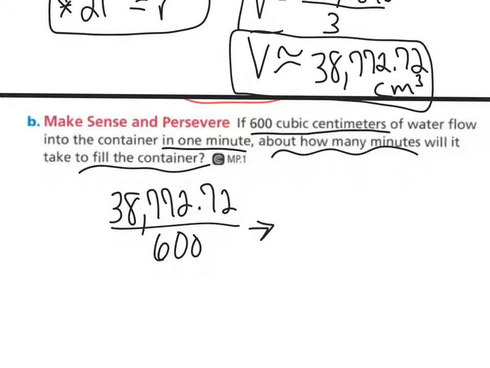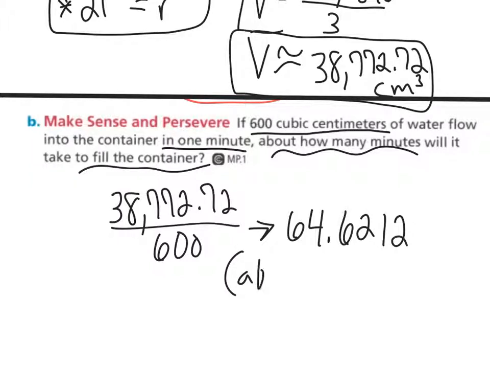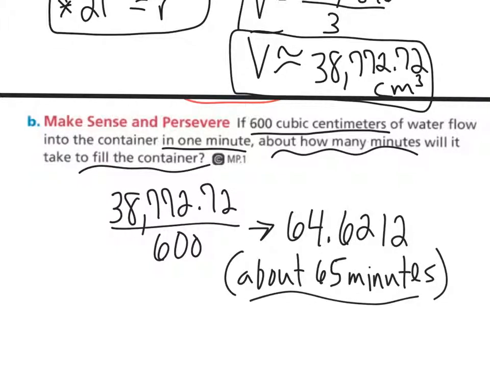If you divide this out, you get like 64.6212. It says about how many minutes, so we could round that off and say about 65 minutes. So a little over an hour to fill that up.